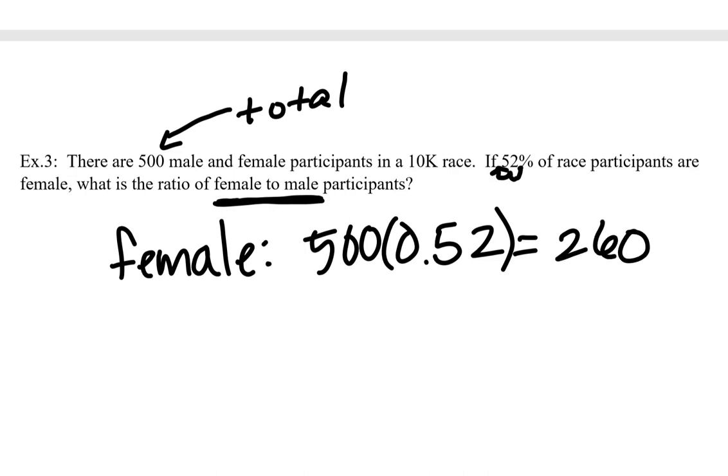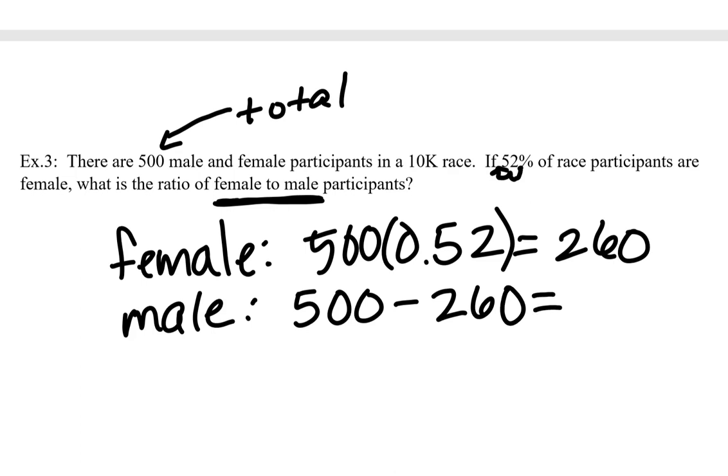So that's the number of females. In order to find the number of males, you could either find 48%, which would be the rest of the 500, or you could find it as the difference from 500. We know we have 260 females, so we're going to find the males by subtracting females from the total. And this gives you 240 males.